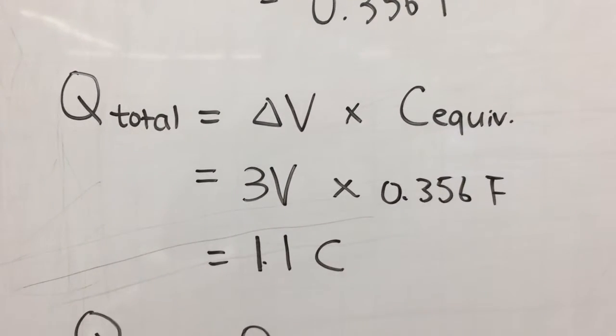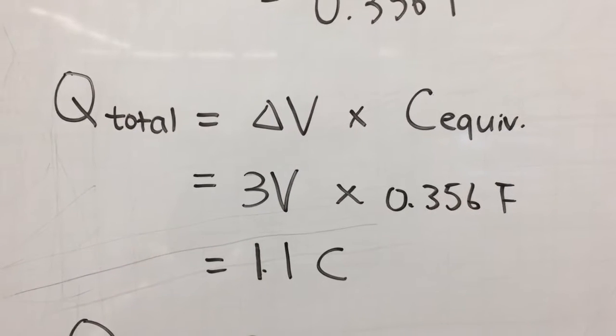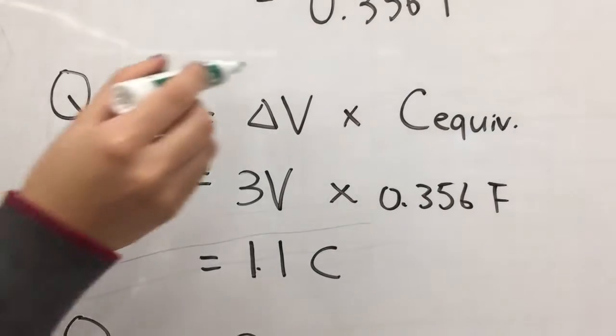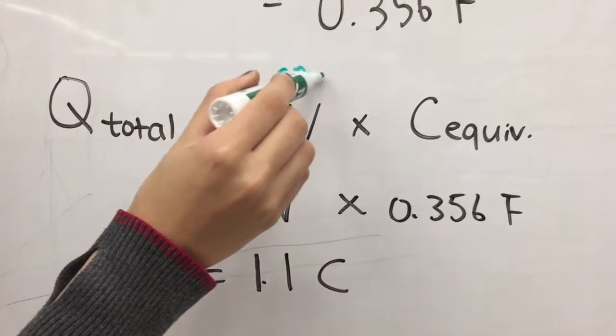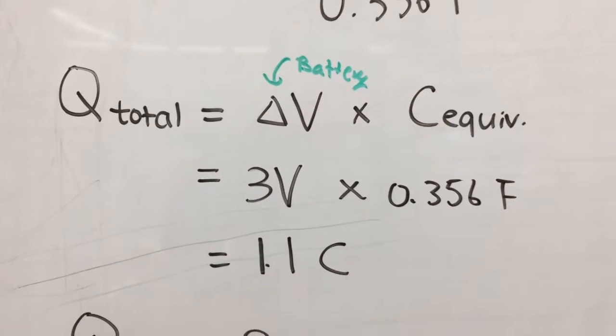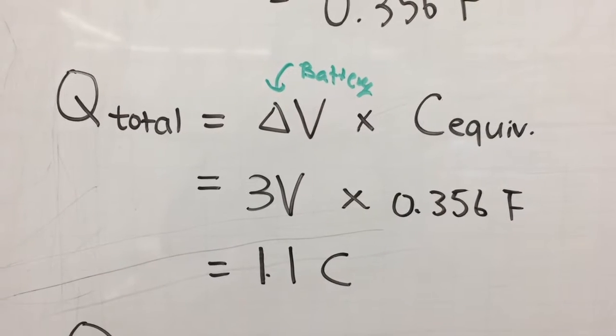And then we tried to calculate the total amount of charge going through the circuit using the equation Q is equal to the potential difference times the equivalent capacitance. And the potential difference is just the voltage of the battery, which is 3 volts.